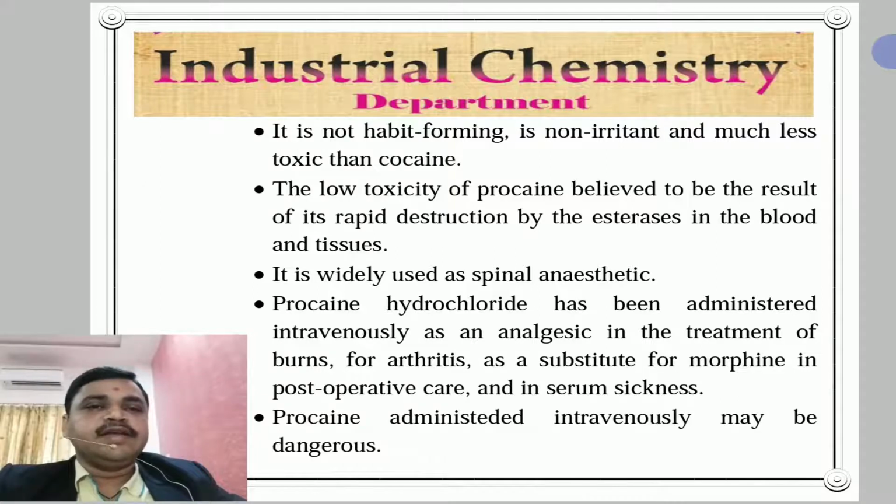The disadvantage of cocaine is that it is habit forming, but novocaine or procaine is not habit forming, is non-irritant and much less toxic than cocaine. The low toxicity of procaine is believed to be the result of its rapid destruction by esterases in the blood and tissues.